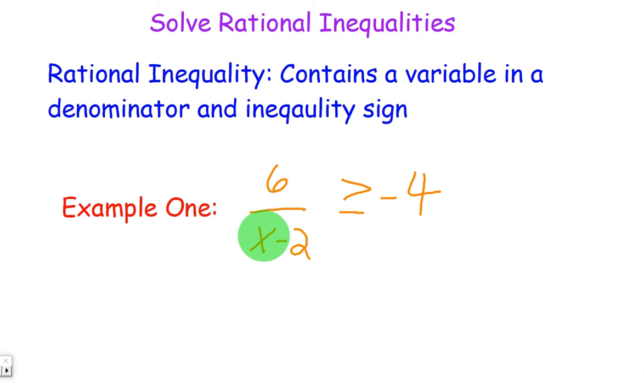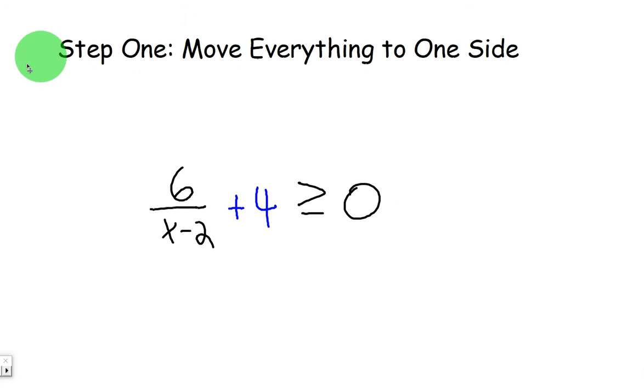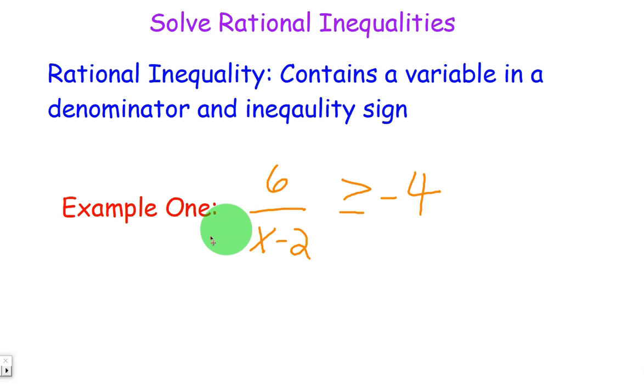You see that, and you're going to follow these steps in order to get to the right answer. So let's learn those steps. Step 1 is to move everything to one side. I do mean everything, so I'm going to go ahead and underline that. So notice how the minus 4, we're going to add 4 to both sides. In fact, I will show that. I know a lot of students like to just see every step.